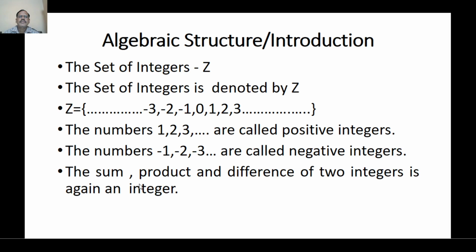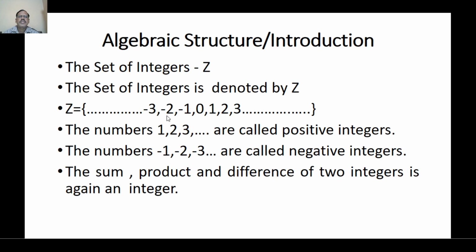Here also you can observe that the sum, product and difference of two integers is again an integer. If you take 2 plus 3, that is 5. 1 minus 1 is 0, 2 minus 2 is 0, 3 minus 1 is 2. They are all integers. Sum is an integer.